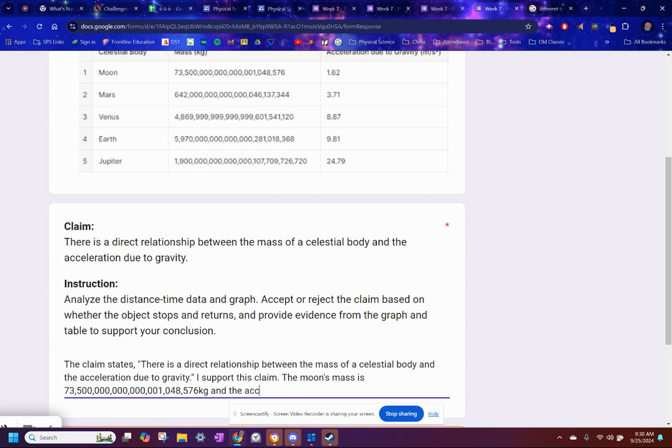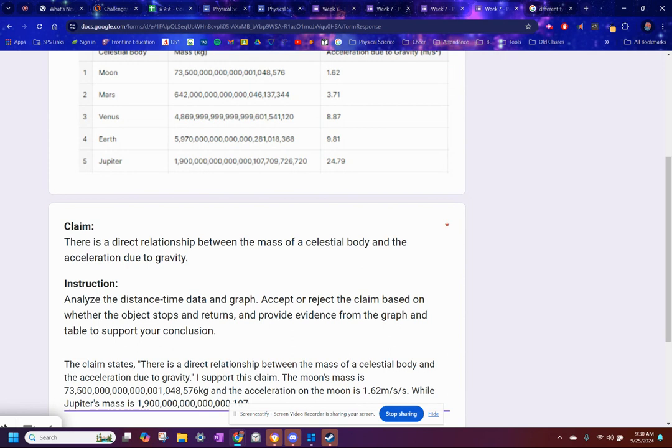The acceleration on the moon is 1.6 meters per second, while on Jupiter the mass is, well, Jupiter's mass is 900,000,000,000,000,000,000,000,000 kilograms.